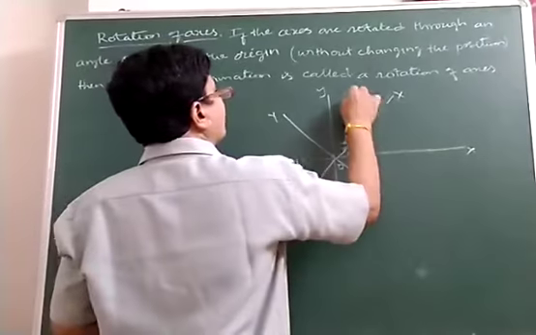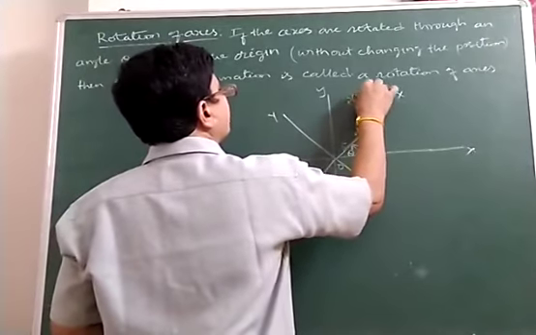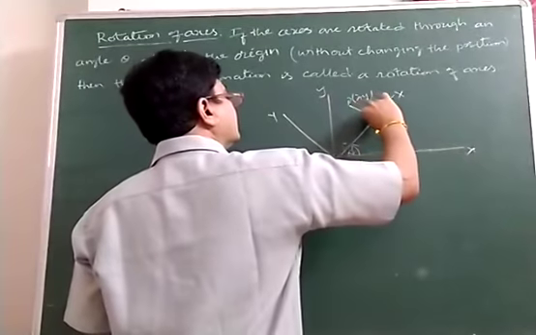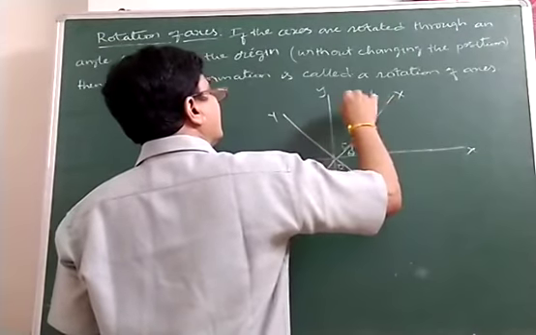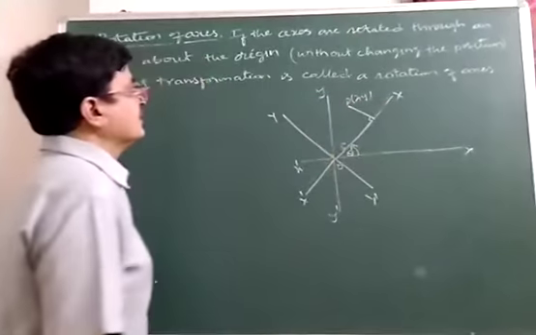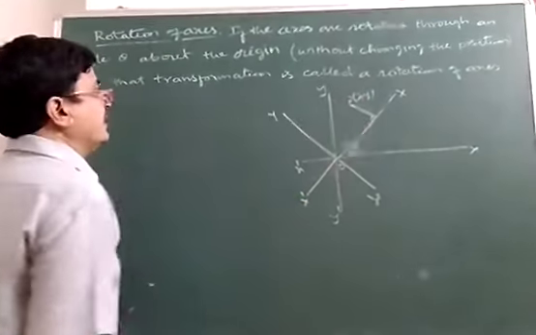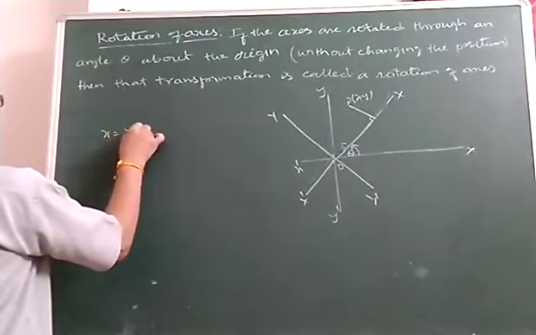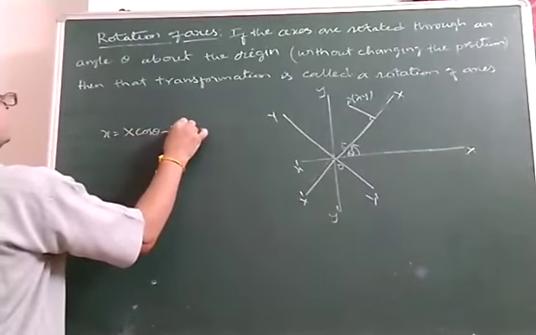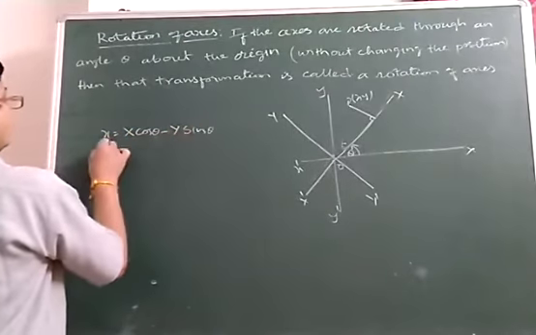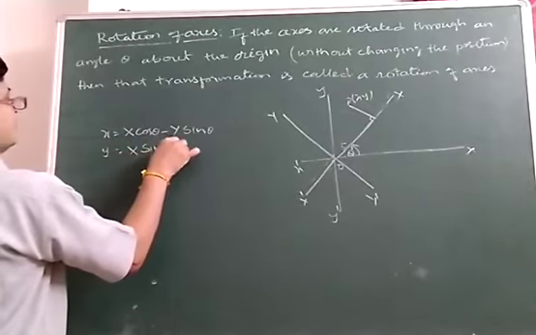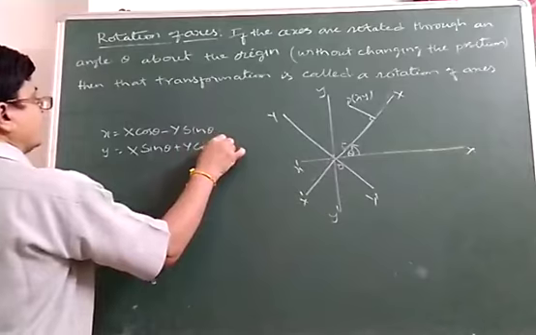Now the point P(x, y) is in the first quadrant. In this case, the coordinates are transformed to small x equal to capital X cos theta minus capital Y sin theta, and small y equal to capital X sin theta plus capital Y cos theta.